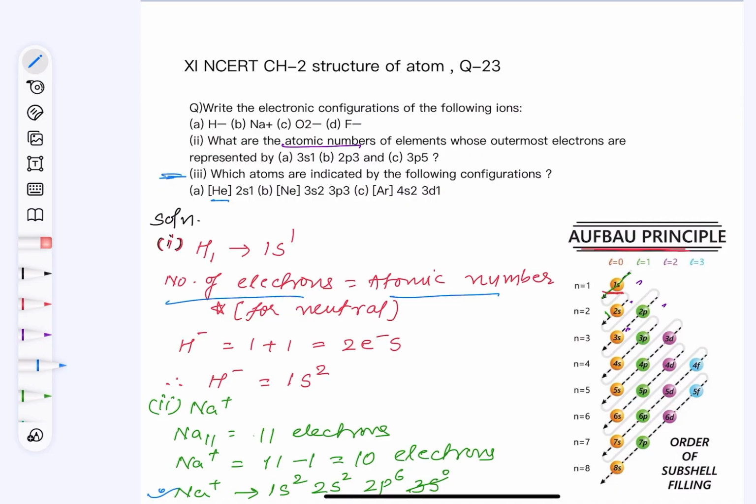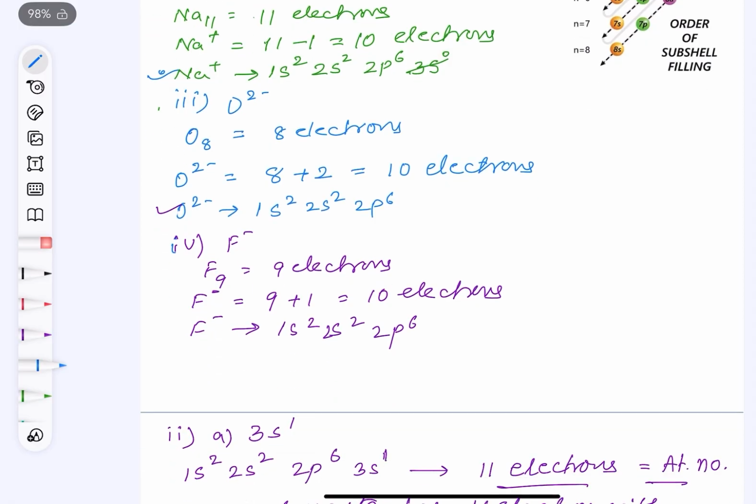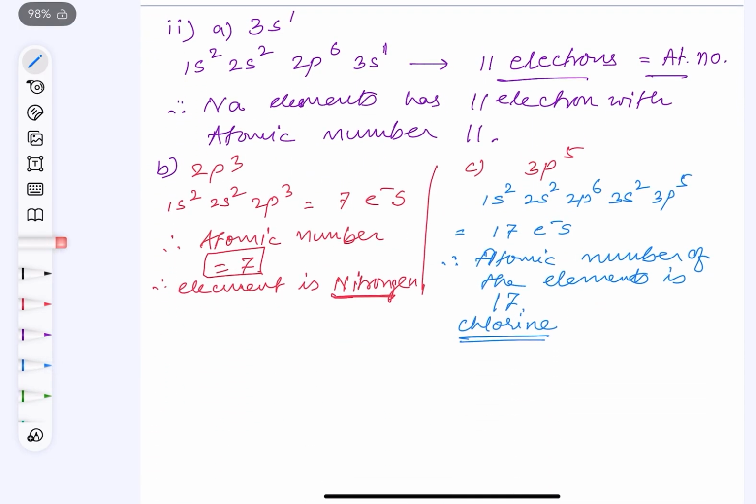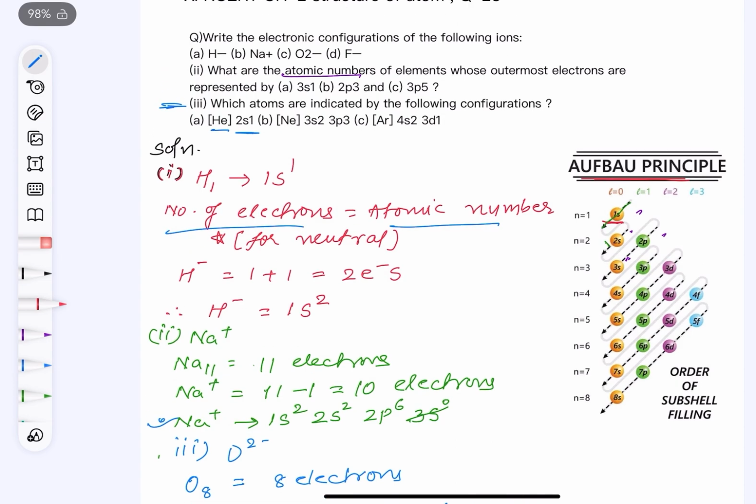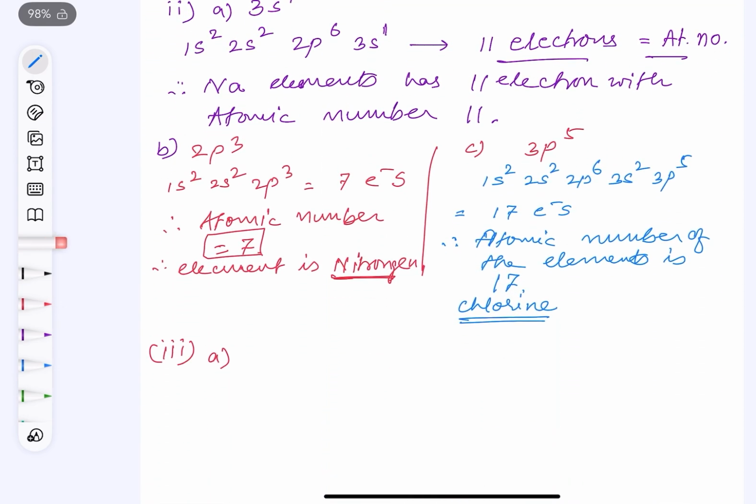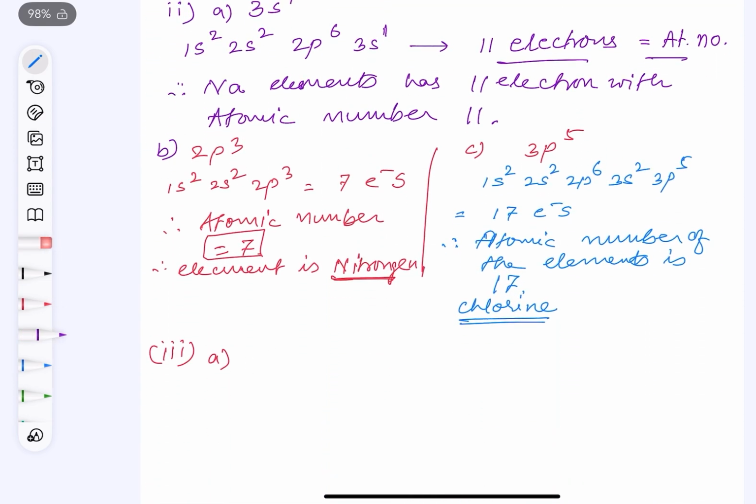So helium is having 2 electrons and 2s1 has 1 electron. Okay, so let us try to solve this also. So the third part here, what you need to understand is about the configuration. In that also you are having 3 parts. The first part is helium with 2s1. So let us write helium with 2s1.